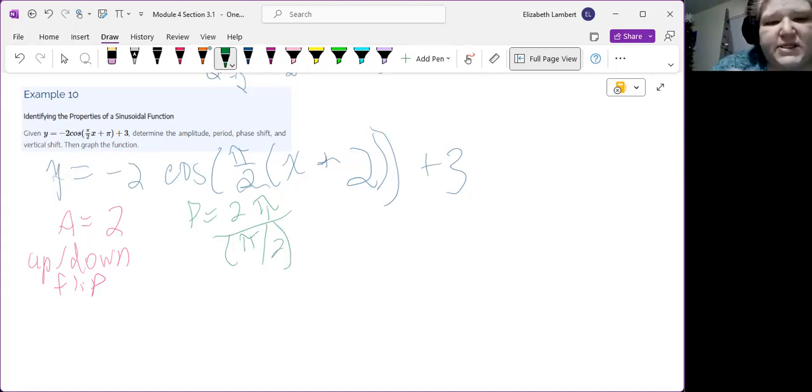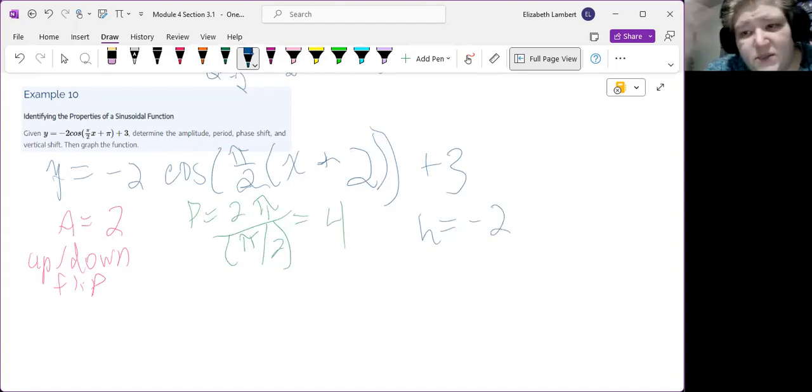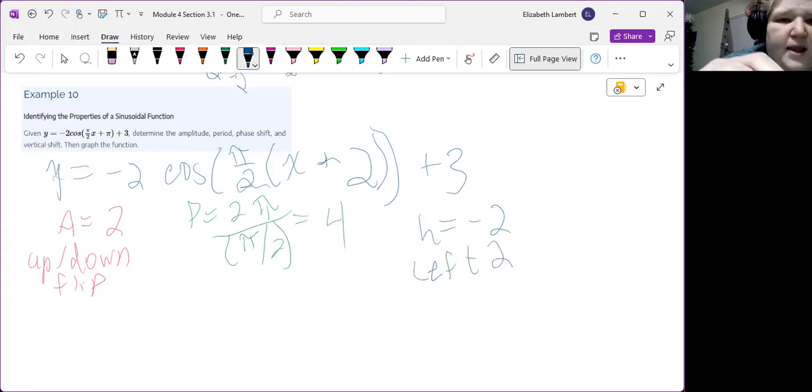Dividing by 2 is the same as times 2, so our period is 4. Our h value is -2 because x plus 2 looks like it would go positive x, but it's really going to go negative x. So left 2. And then our outside number at the end is the number that moves the graph up or down. In this case, plus 3 is going to take the whole graph and go up 3.